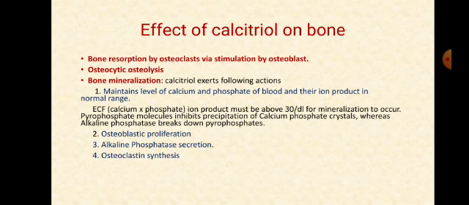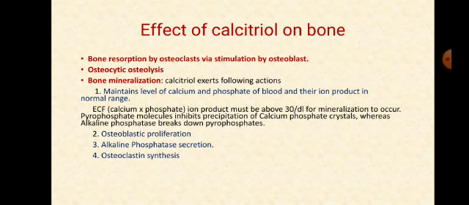How is it maintained? I have mentioned in the first class of bone physiology that for the mineralization of osteoid tissue, precipitation of hydroxyapatite crystal is a must, and this precipitation requires absence of some molecules called pyrophosphate, because pyrophosphate, when present, maintains the solubility of calcium phosphate salts, so the precipitation cannot occur.